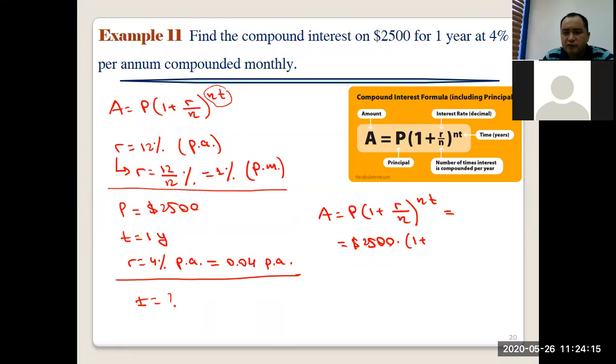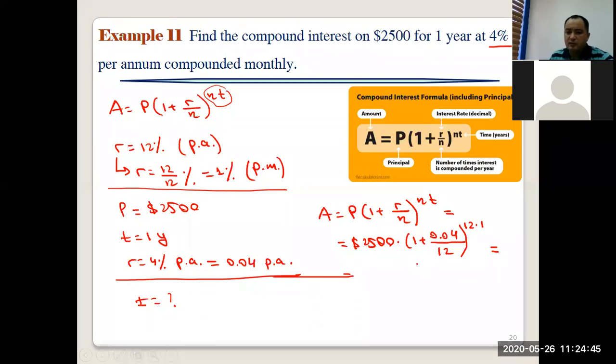No, no, the rate is 4%. So it is 0.04 over N. How many times during this given time? In 1 year we have 12 months, so it is 12 times, so we should divide it by 12. Here N is equal to 12 times. How many years? 1 year only. It is 1.